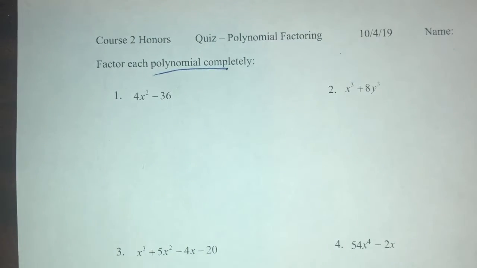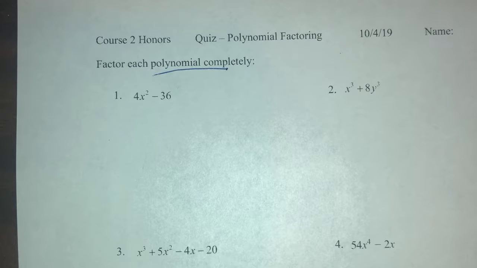Okay, and as we discussed, that means using a variety of tools that we now have in our tool belt to break down or factor these polynomials until they cannot be broken down anymore. Okay, and I'll show you in various instances what that looks like. So to remember some of the strategies we've learned, and this actually goes back to August: factoring out a GCF, greatest common factor.